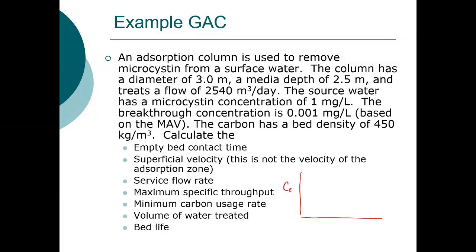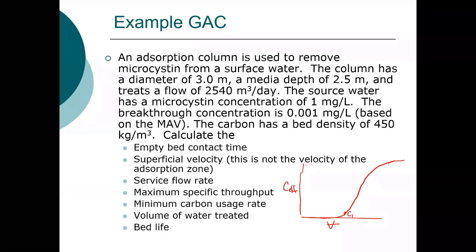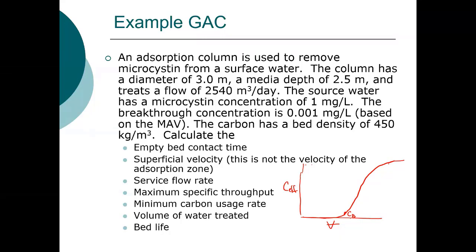So again, think here, we have a column, we monitor the concentration in the effluent versus the volume we treated, and we have a breakthrough curve that looks something like this. So if this is the concentration at breakthrough, this is C naught. This corresponds to the mass of contaminant that I can remove during treatment.